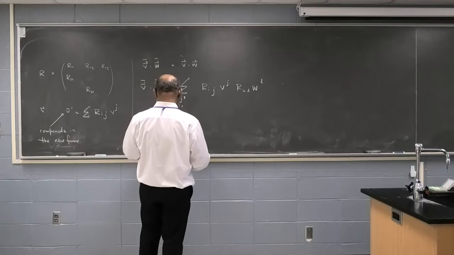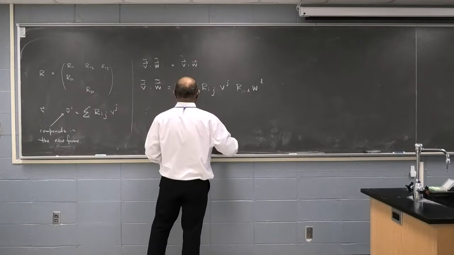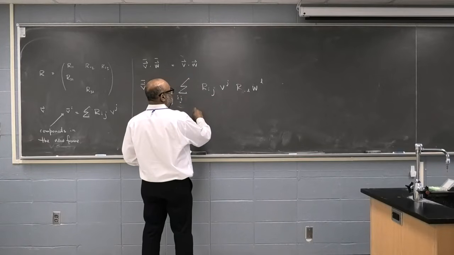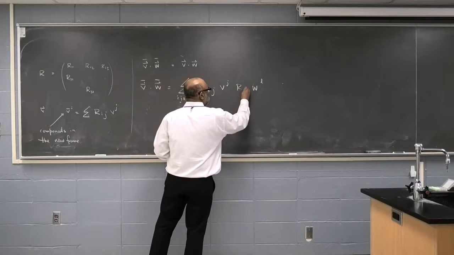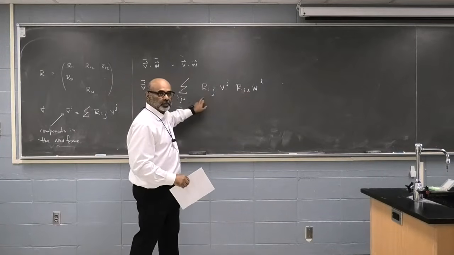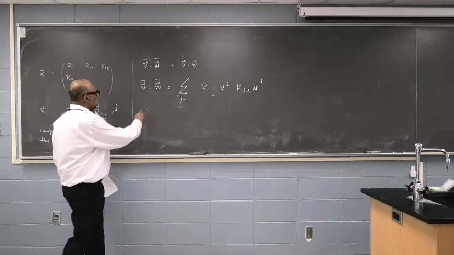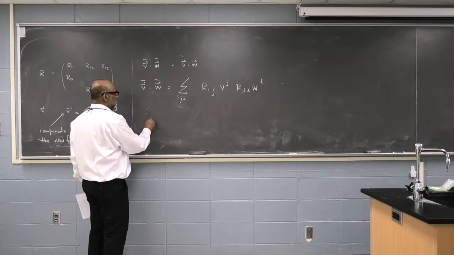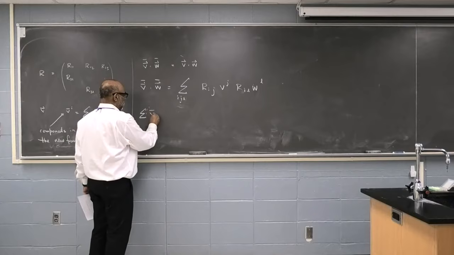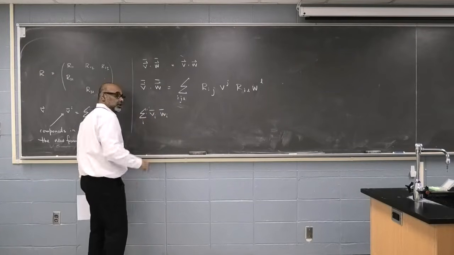So let me do it this way. Indices i, j, l. Yeah, okay. Because I'm taking the dot product, this remains the same. In this over here, it would be nothing more than V bar i, W bar i, summed over i.